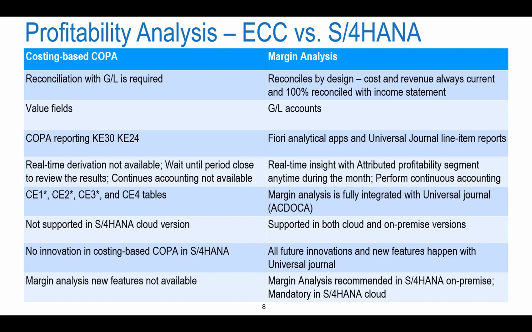For them, my suggestion is to enable margin analysis directly. You can accomplish pretty much almost everything you get from costing-based COPA. So that's the recommendation from this slide. We'll come back to this discussion again at a later point, but I would like to move on to the next slide.